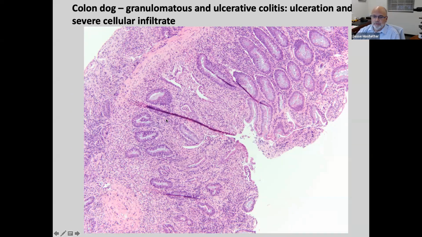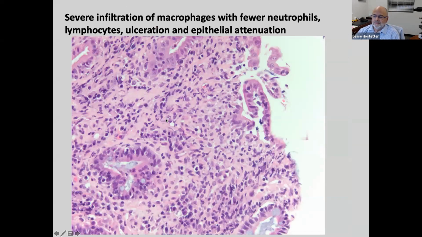And the lamina propria is filled with lots and lots of macrophages. Goblet cells are decreased as well. And again, you can see the epithelium is really just barely hanging on, and where it is very attenuated.